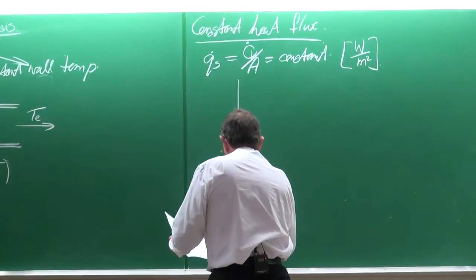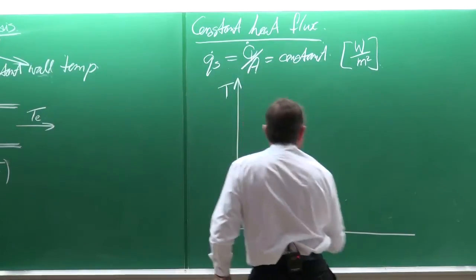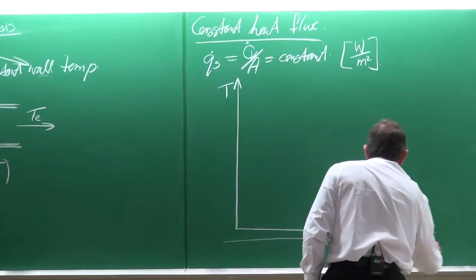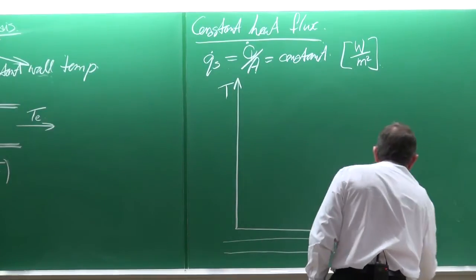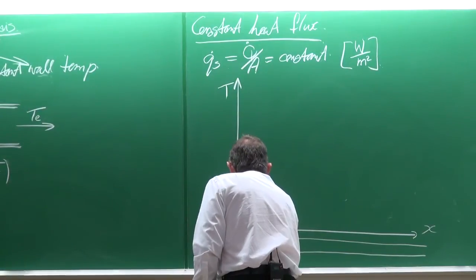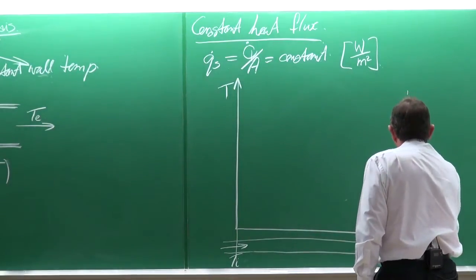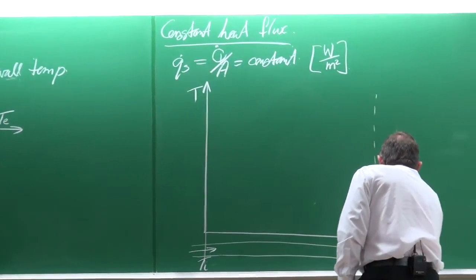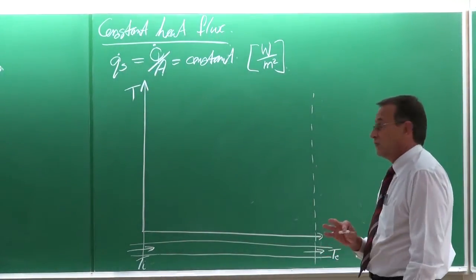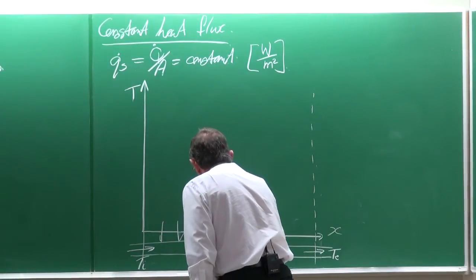I'm going to show you on a TX diagram typically what happens with these cases. So for example, if we've got a tube and that is the inlet temperature Ti, and here we have the outlet temperature Te. And for this case, we have a constant heat flux.